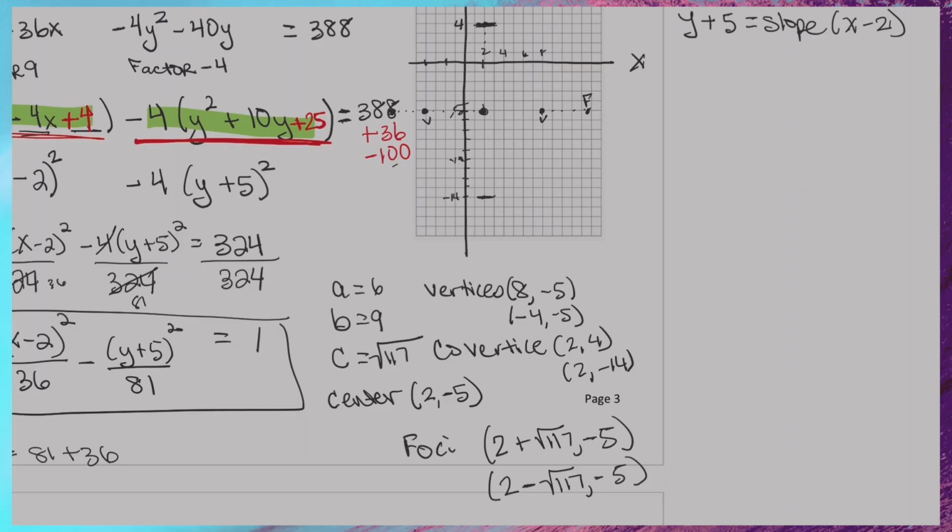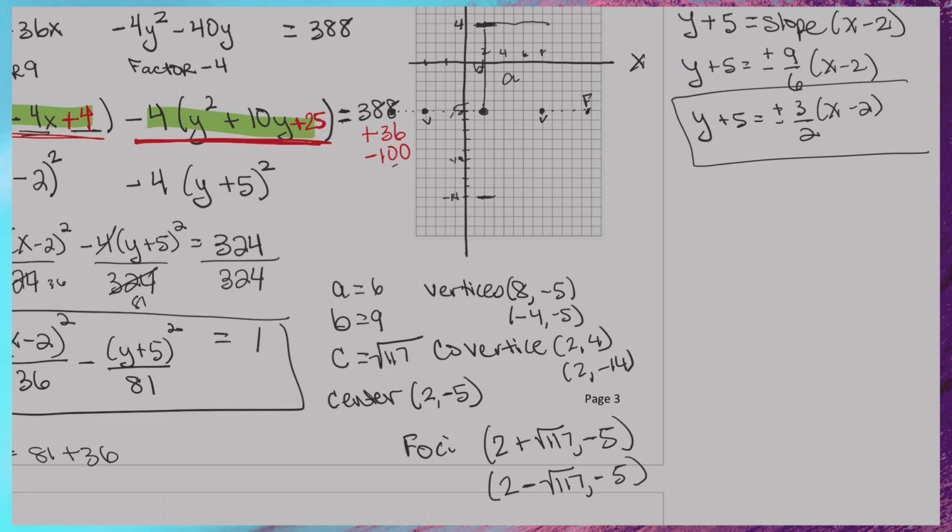The slope is going to be positive or negative b over a, so 9/6, (x minus 2). And I could simplify this: positive or negative 3/2, (x minus 2). There's my asymptotes. And that is this one, and this one.